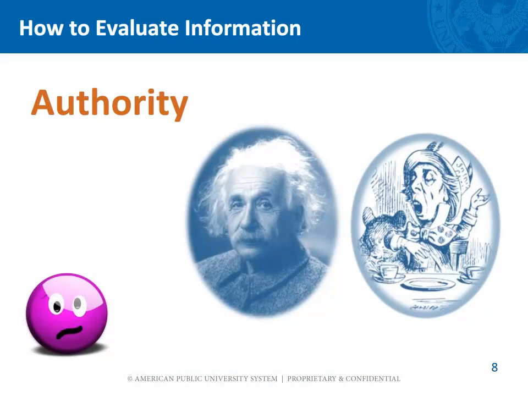Authority. The authoritativeness of a resource refers to credibility of who is creating or supplying the information. If the resource is a book or article, what are the author's professional credentials and reputation? What is his or her level of expertise? Have they published or written about this subject before? Do other authors cite this person's work?